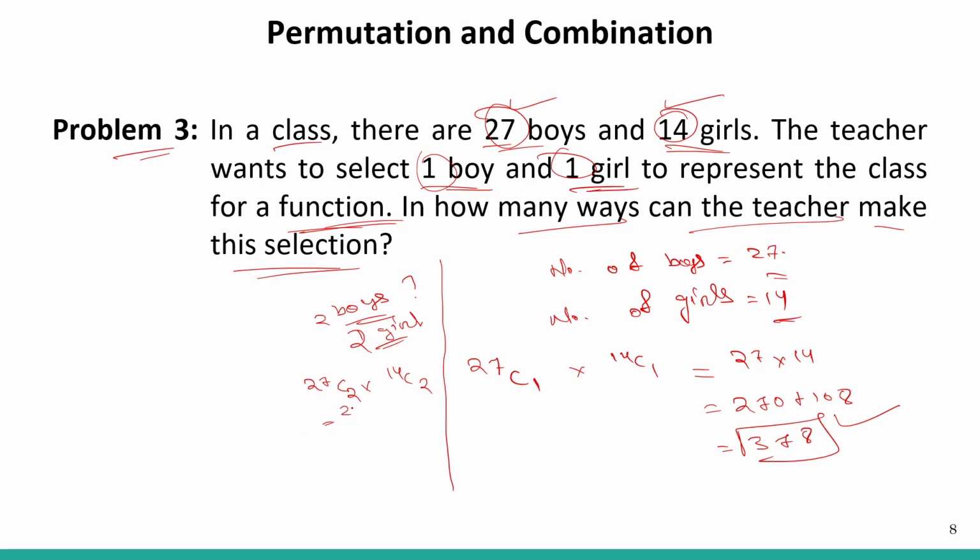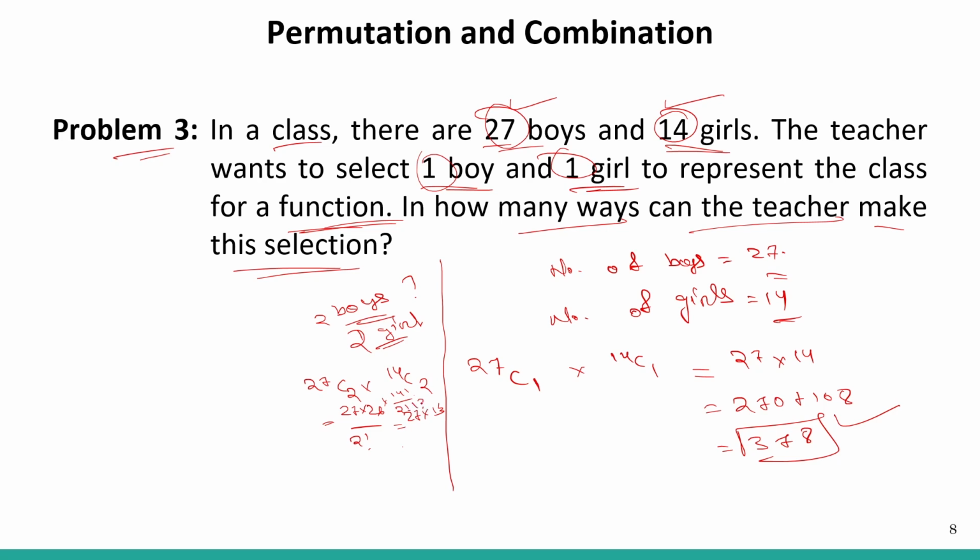So it will be 27 into 26 by 2 factorial into 25 factorial. The 25 factorial will be cancelled out, so what we are left with is 27 into 13, multiplied with 14 factorial by 2 factorial into 12 factorial. Right.